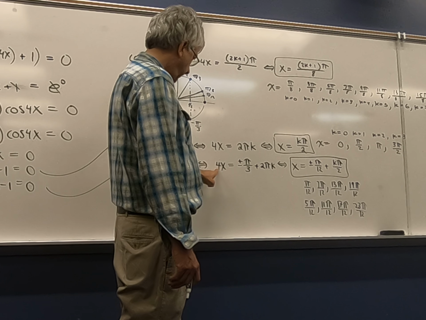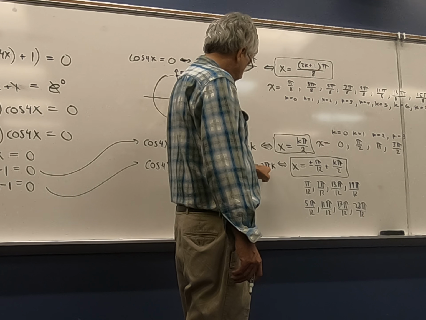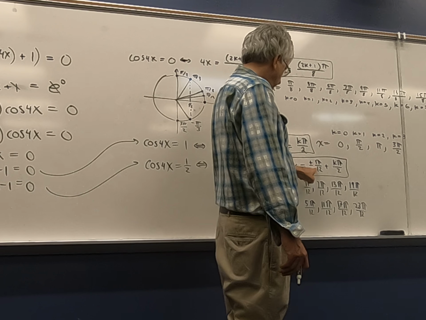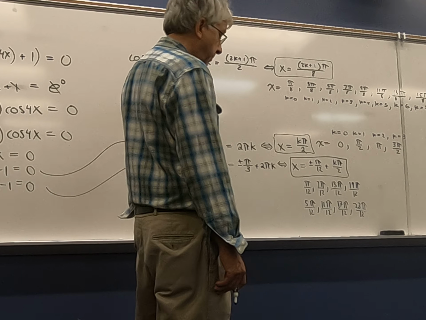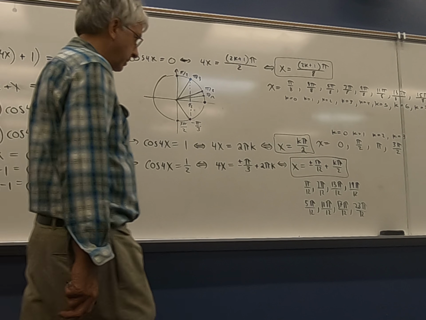And then that's 4x, so to get x, you just divide through by 4. Remember, you divide both terms here by 4. And it gives you these. And you just start plugging in k equals 0, k equals 1, k equals 2, and you get all your values between 0 and 2 pi that way. Usually you can sort of suss out a pattern as you start doing that, right?